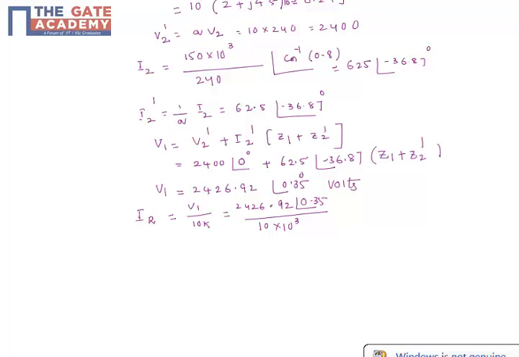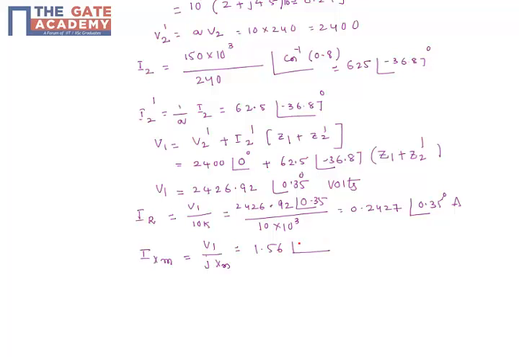So its value is 0.2427 at an angle of 0.35 degrees amperes. And similarly find IXM. So IXM is equal to V1 by jXM. All the values are known. If you simplify this, you get 1.56 at an angle of minus 89.65 degrees.